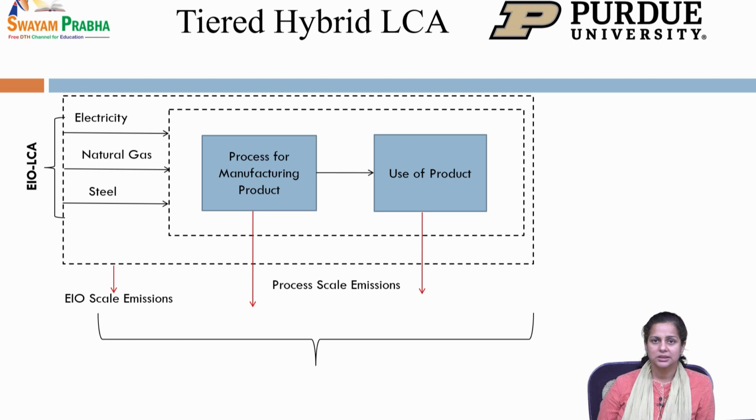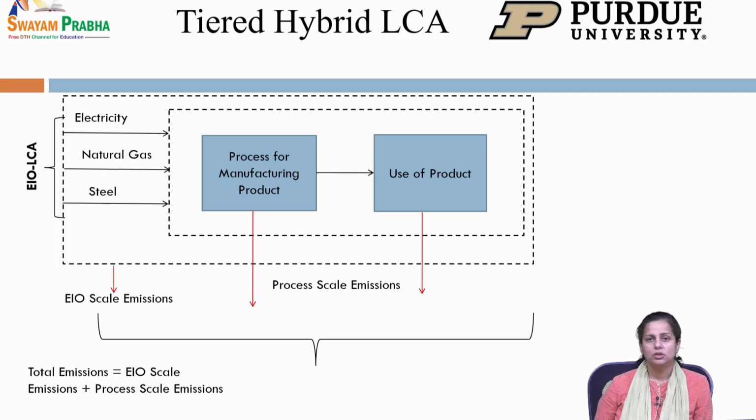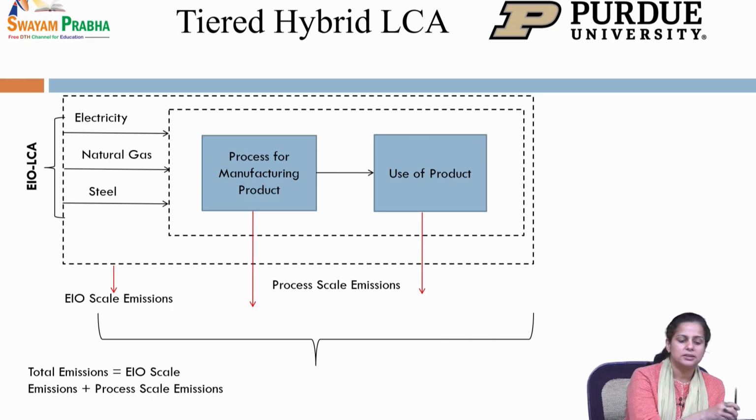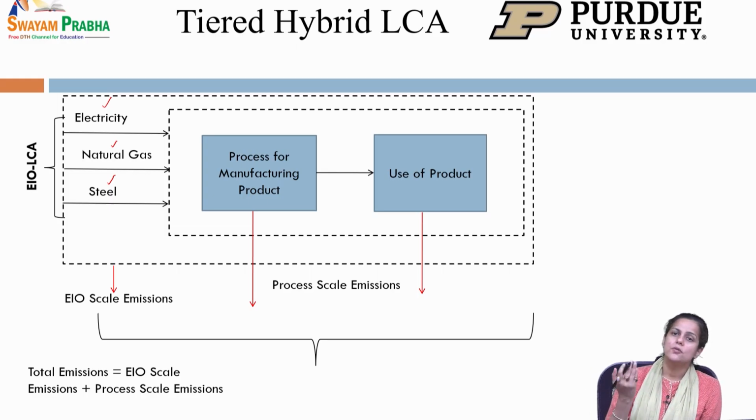We have the process scale emissions from our process LCA, and then we calculate the total emissions or total impact as EIO scale emissions plus process scale emissions. So, the tiered hybrid LCA is actually very simple, because instead of us missing the impact of electricity, natural gas and steel, because we do not have the process information, we are going to the input output model and getting that information.